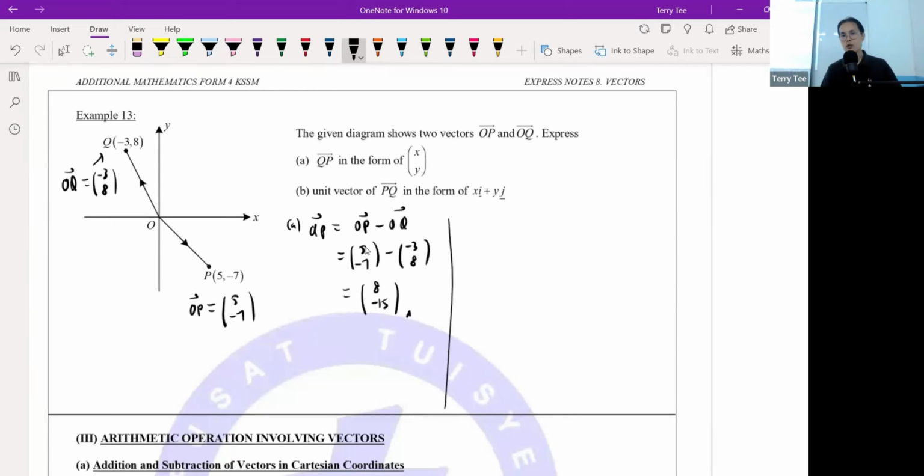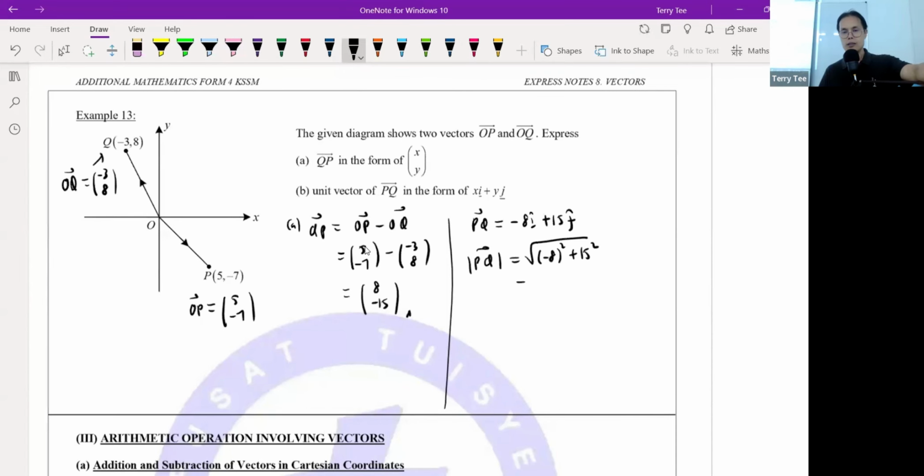Then we want to find the unit vector. Before you find the unit vector of PQ, let's find out what PQ is. PQ is the negative of QP. So I just put negative in front: -8i plus 15j. What is your magnitude? Your magnitude will be the square root of (-8) squared plus 15 squared.